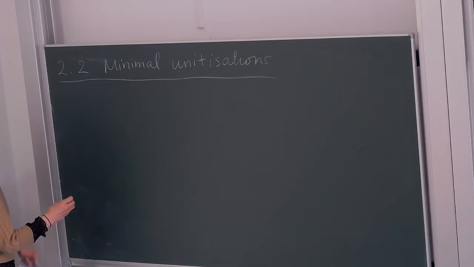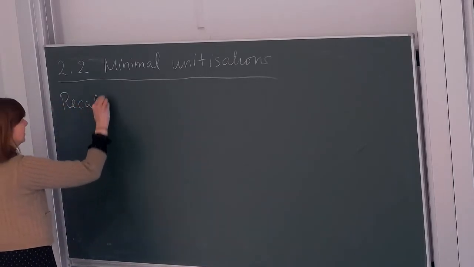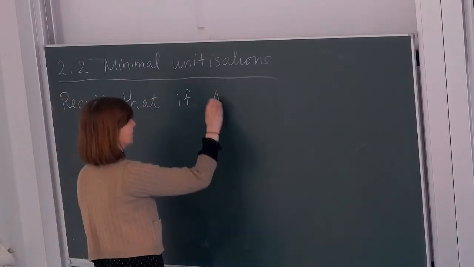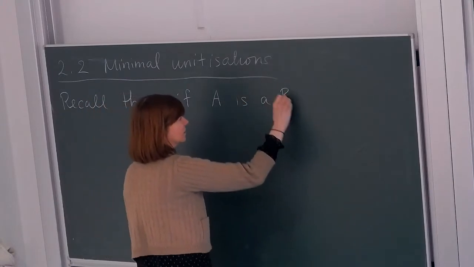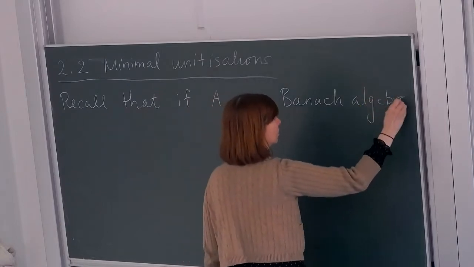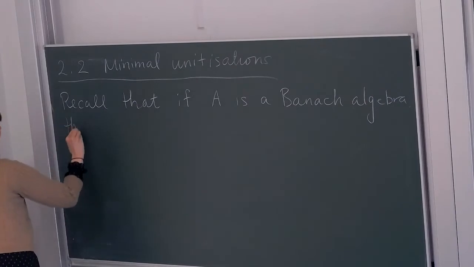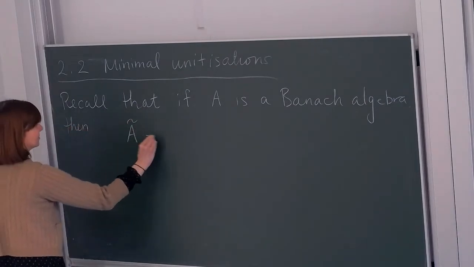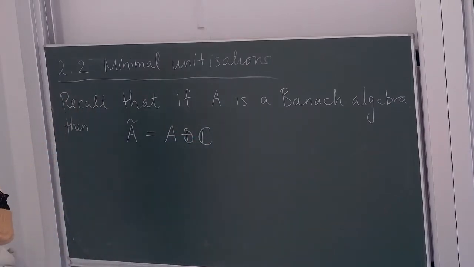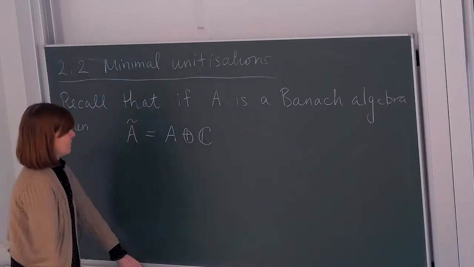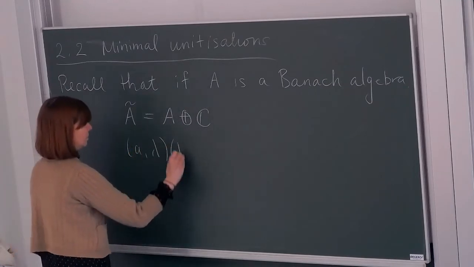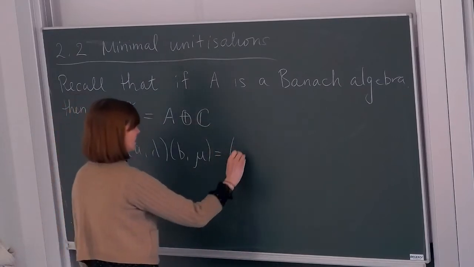Okay, so recall that if we have a non-unital Banach algebra, well, it doesn't have to be non-unital actually, but we can always attach a unit. We had this A tilde, which was A plus the complex numbers, and we had just coordinate-wise addition, and the multiplication was given by this funny thing.